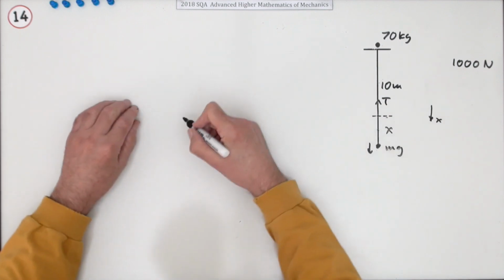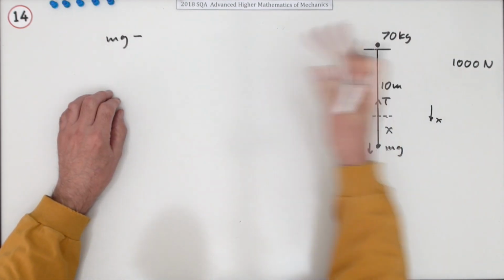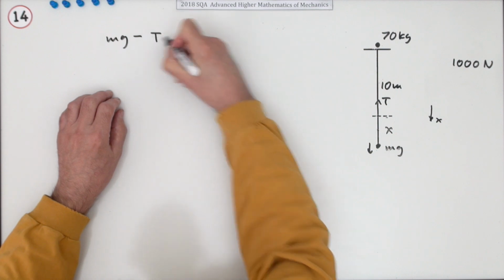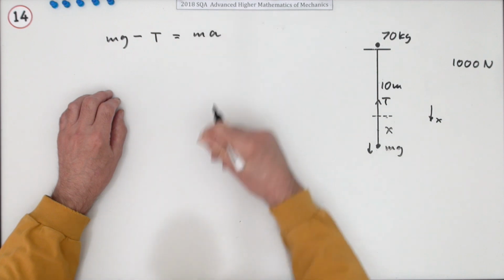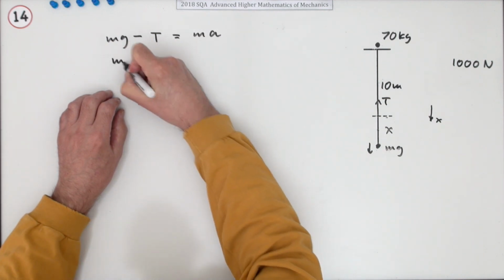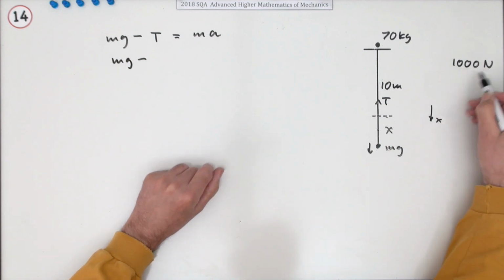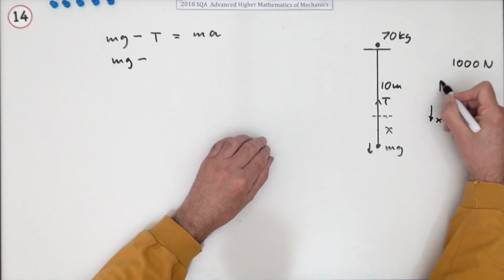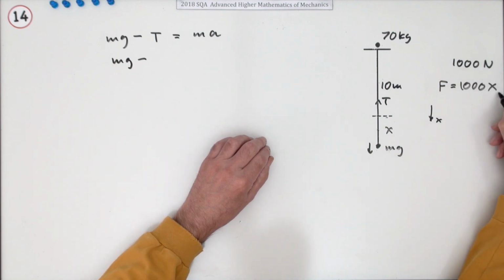Well, same balance of force. So the force down the way, mg, minus T is unbalanced, and that will result in an acceleration, ma. I'll just put that in. So mg minus, now the tension in the spring will be, again, watch the modulus. So that force is going to be, that 1,000 will have to be multiplied by the distance x, but also divided by the length to keep that bit unitless.